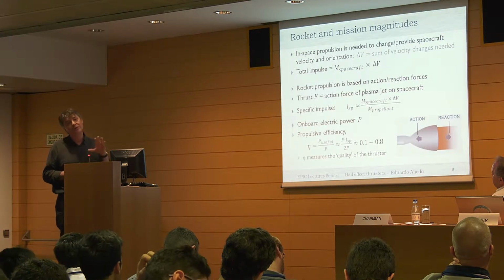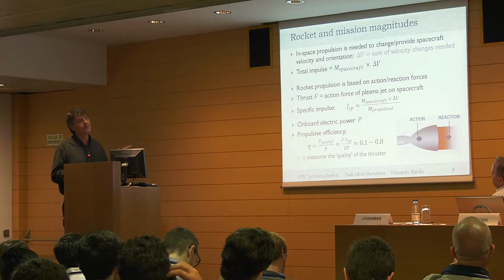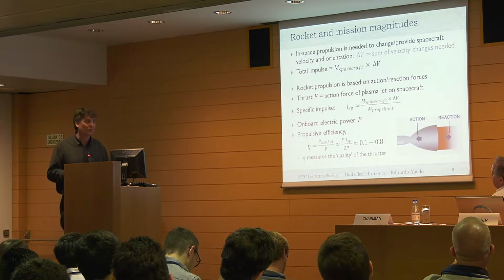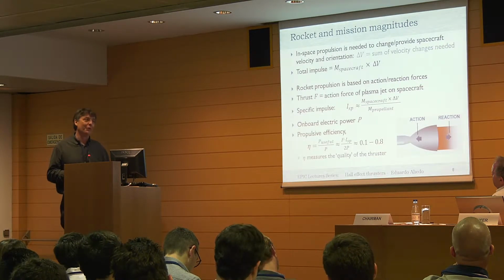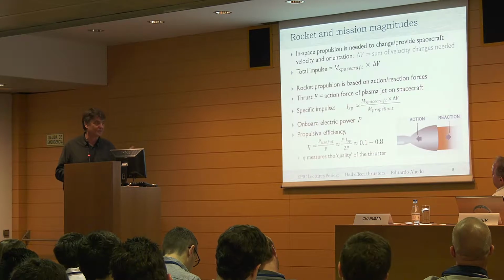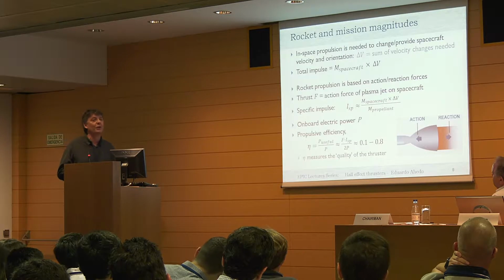A footnote here is that when we divide the total impulse by weight, we have the ISP in seconds. When we divide the total impulse by mass, we have the specific impulse in velocity units, in meters per second, okay? When rockets were only used for launches, it made sense to use the propellant weight because we were on the Earth.